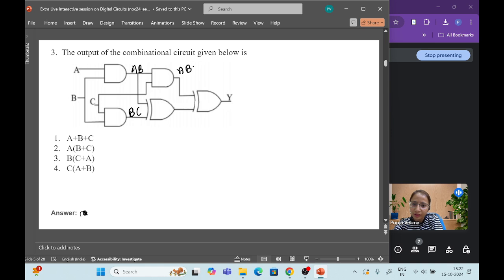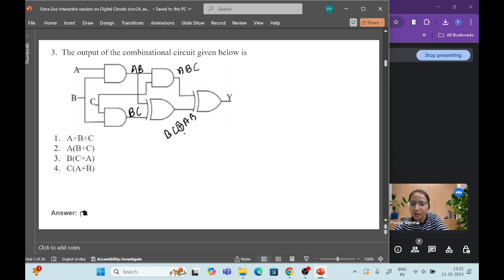That is ABC. And here it will be BC XOR AB, okay? And here we will get ABC, right?